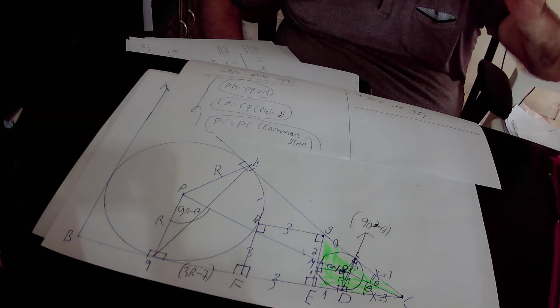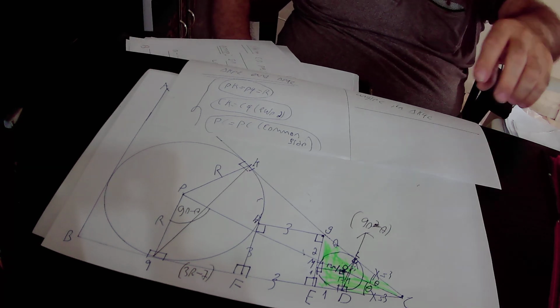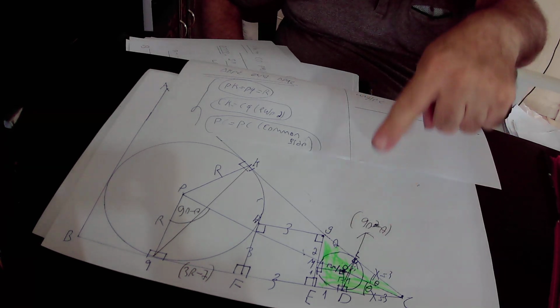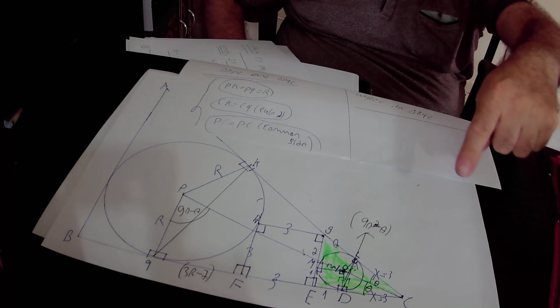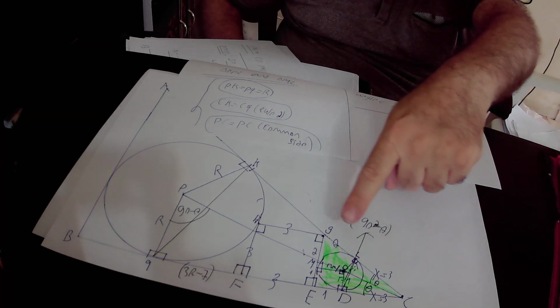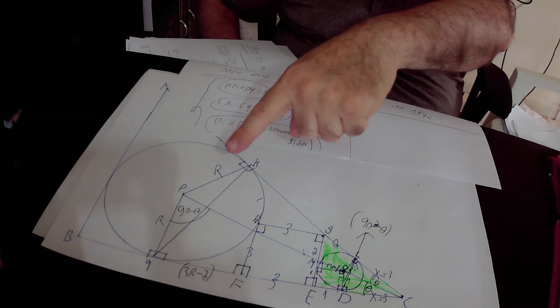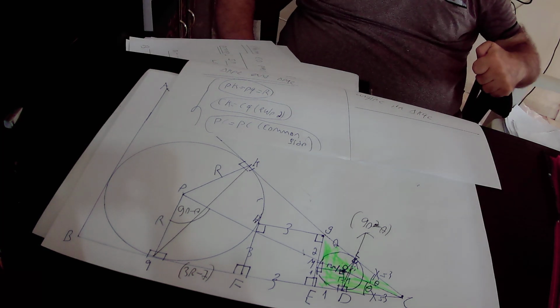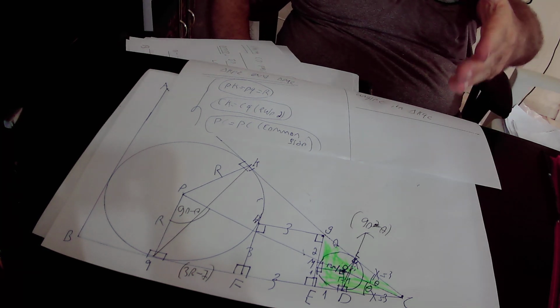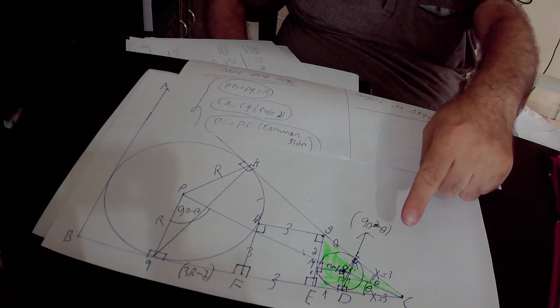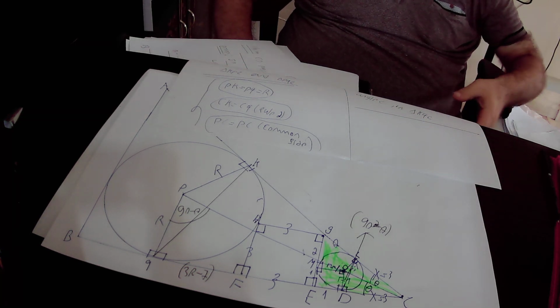Each half equals theta. So in conclusion, we found out that this angle C has two angle bisectors: angle bisector CO and angle bisector CP. They both bisect angle C into two halves, each half equals theta.